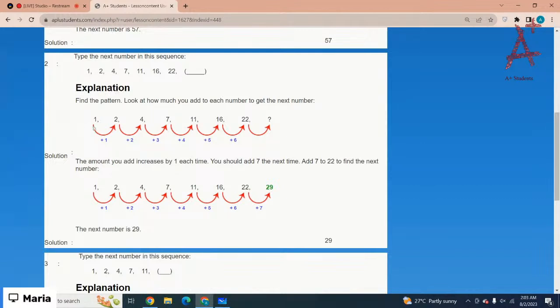So 1 plus 1 is 2, 2 plus 2 is 4, 4 plus 3 is 7, 7 plus 4 is 11, 11 plus 5 is 16. The amount you add increases by 1 each time, right? So for the next number you have to add 7. So 22 plus 7 makes 29. That means the next number in the sequence is 29.